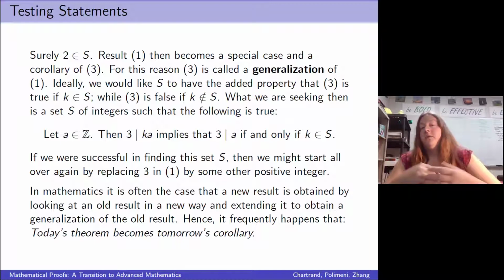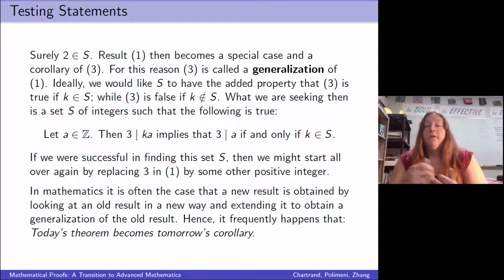So we would be working towards what could be included in that set S. And even more ideally, what I'd really like is a set S that if the element is not in S, then the statement is not true. So I really want the set S that's true for this, but it's the complete set of values that this statement is true for.